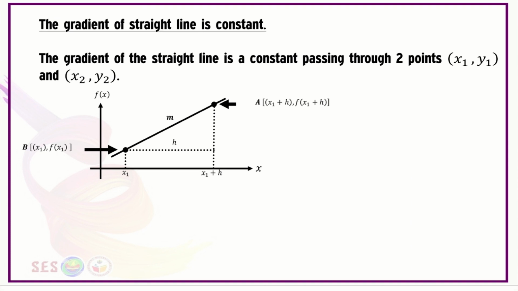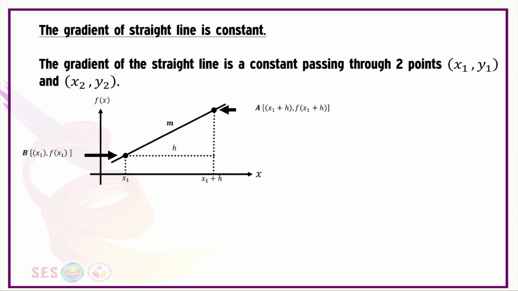Alright, so let's start off with the gradient of a straight line, which is constant. We have a straight line passing through 2 points, (x1, y1) and (x2, y2).